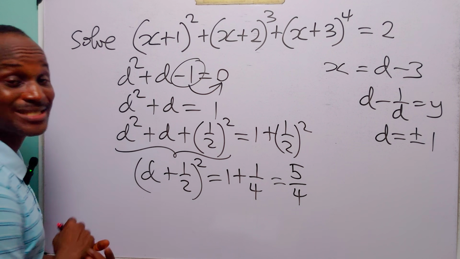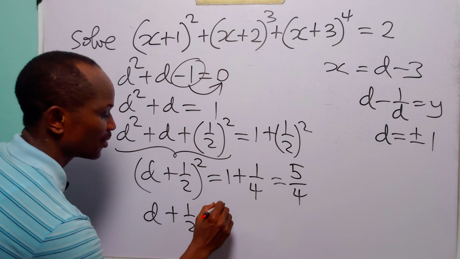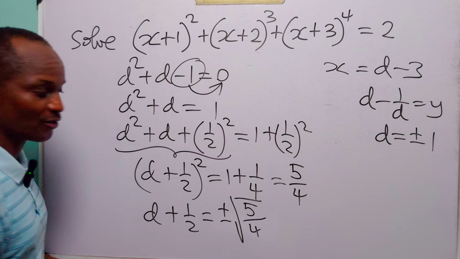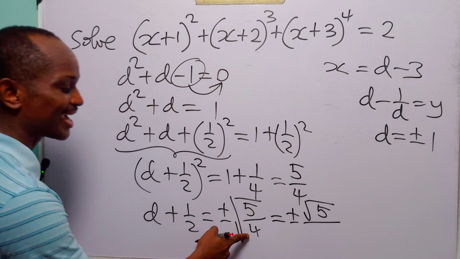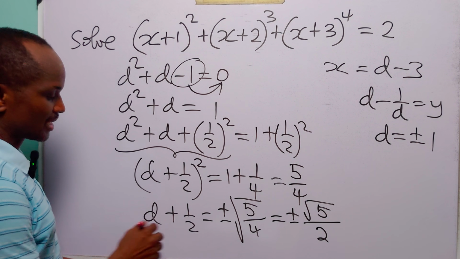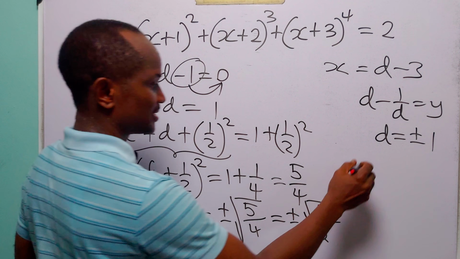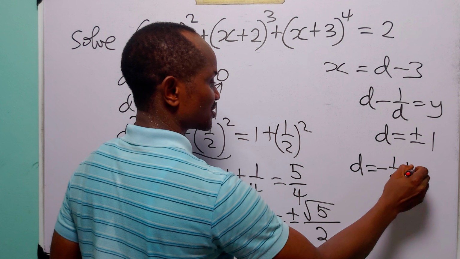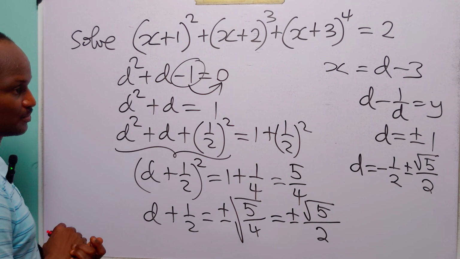Now we take square root of both sides of this equation to get that d plus half is equal to plus or minus the square root of 5 over 4. And of course, you know that this is equal to plus or minus the square root of 5 divided by the square root of 4, which is equal to 2. Now, when we subtract half from both sides of this equation, we have that d is equal to minus half plus or minus the square root of 5 divided by 2.